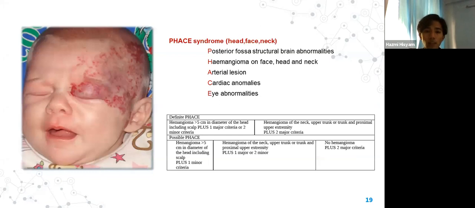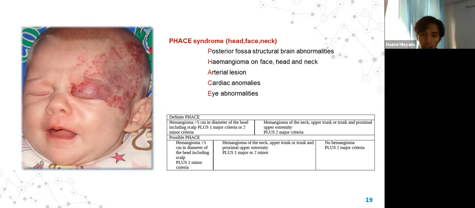So we move to PHACE syndrome. PHACE syndrome is associated with head, face, and neck large segmental hemangioma, and it indicates posterior fossa structural brain abnormalities. It means that this large segmental hemangioma at the head, face, and neck may be associated with posterior fossa structural brain abnormalities, such as malformation of the cerebellar vermis or large cysts in the fourth ventricle of the brain.